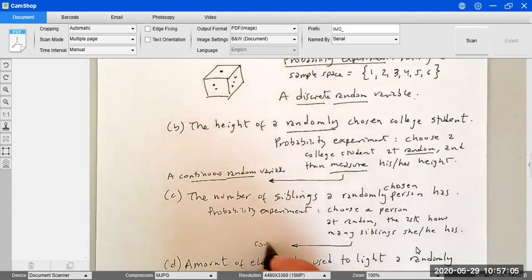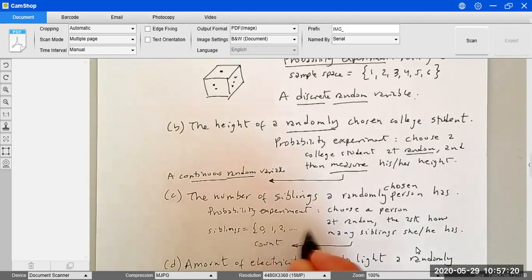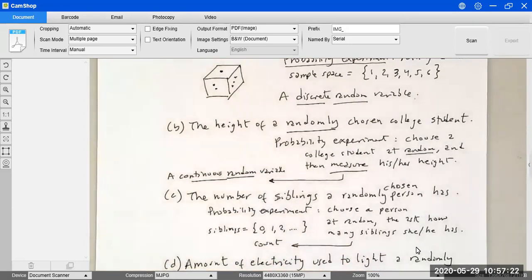Because you are counting, you know that the possible outcomes are 0, 1, 2. So you can list the number of siblings. The number of siblings are going to be 0, 1, 2, but you don't know the upper bound, but you know that you can have a list.